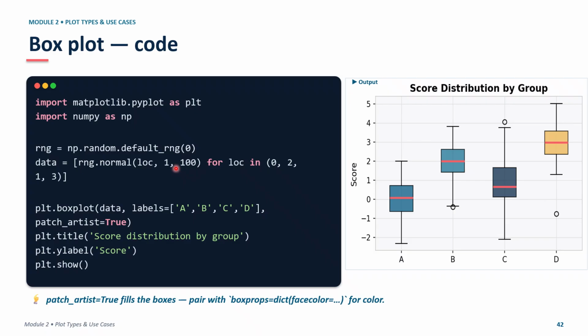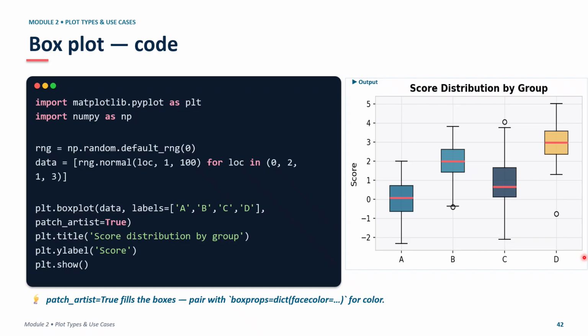Out of the 4 groups, group A will have 100 values from a normal distribution, with 0 as the mean value and standard deviation as 1. Then group B has 100 values from the normal distribution with the mean value as 2 and standard deviation as 1, and we'll have the same for group C and group D. So the groups have different means.